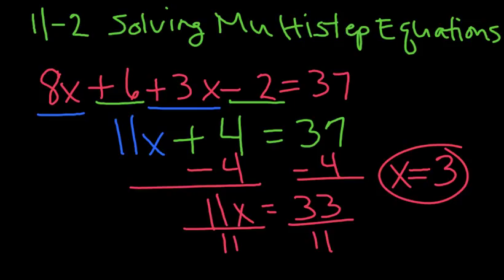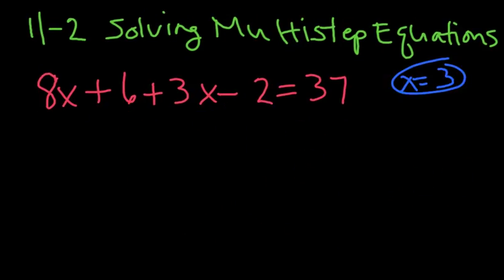Now you've solved it. Now you have to check it. To check it, we always use the original equation. Remember when we solved it, we got x equals 3. So now we're going to check it. So first we write down the original equation, the one that hasn't been simplified.